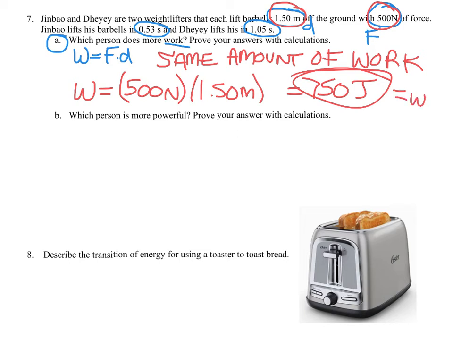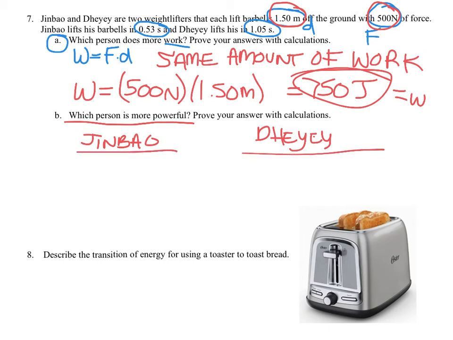Now, they have the same amount of work, but the next question is, who is more powerful? We know that time is what alters power. Even if they did the same amount of work, the amount of time they spend on it is what's going to create that power. So power really is work divided by time.